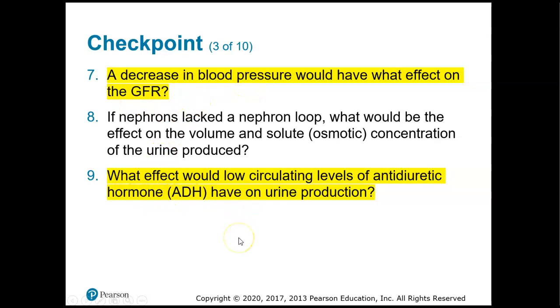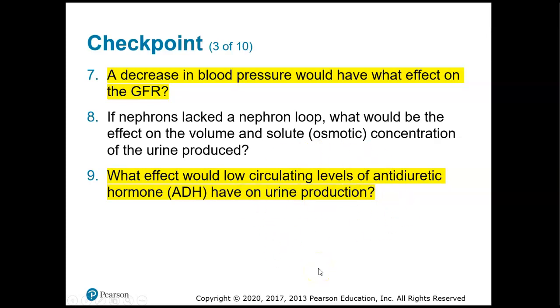What effect would low circulating levels of ADH, antidiuretic hormone, have on urine production? Okay, so what does ADH do? ADH helps you to retain fluids. It helps you to reabsorb water back into your blood.